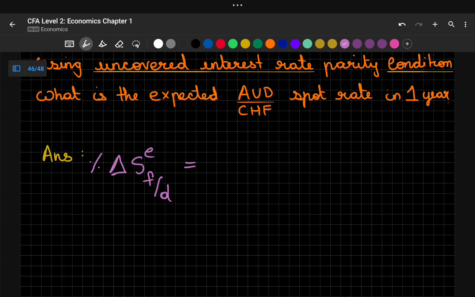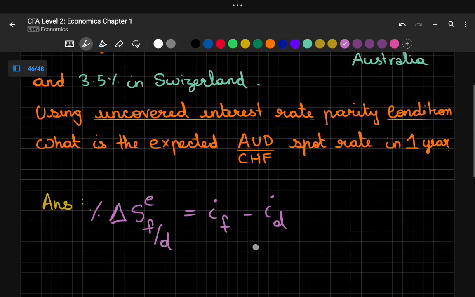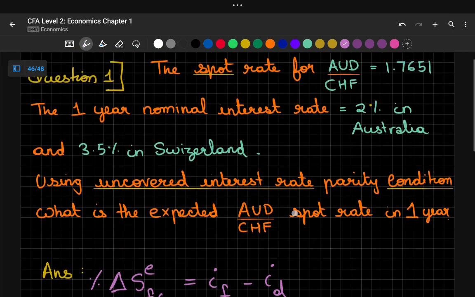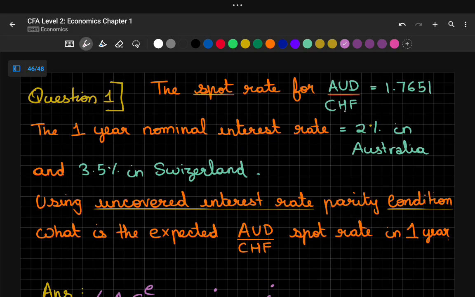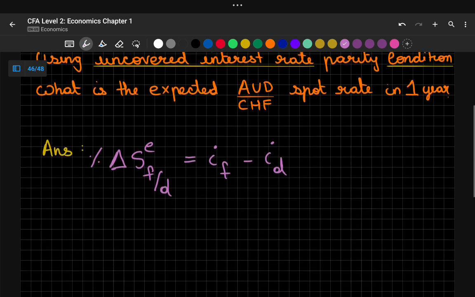So this would be equal to the interest rate differential between the foreign currency and domestic currency. Here CHF would be the domestic currency, AUD would be the foreign currency because our curriculum uses F by D notation, that is foreign to domestic currency notation. So AUD would be the foreign currency, CHF would be the domestic currency.